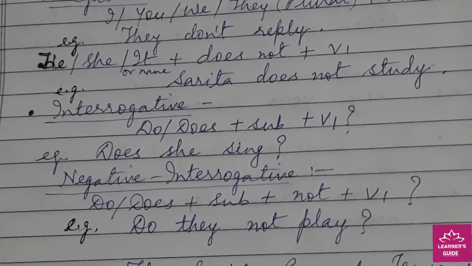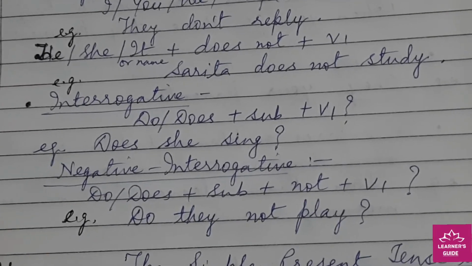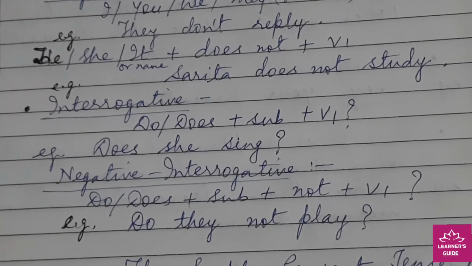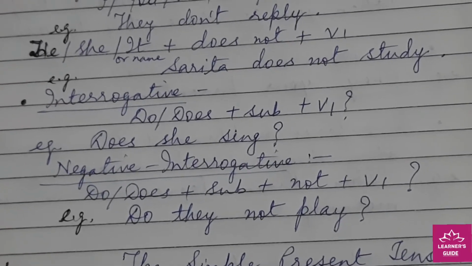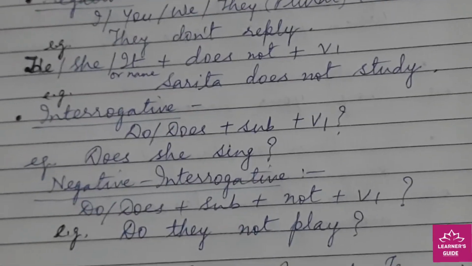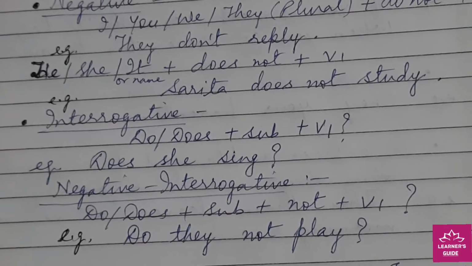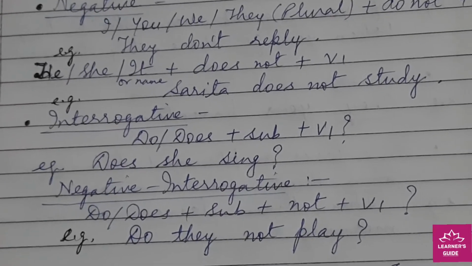So we use do or does. Do is used for plural number, like do they play a match or do they talk to you. So for plural number we use do, for singular number we use does, then we use the subject, and after that we use the first form of the verb.